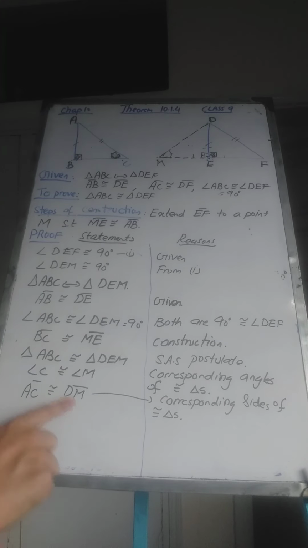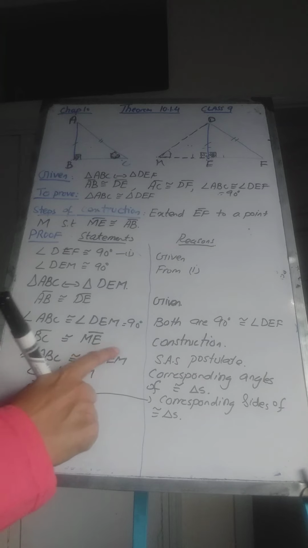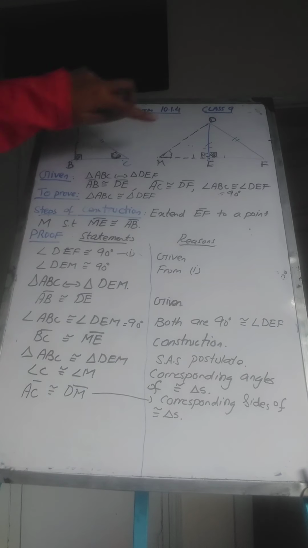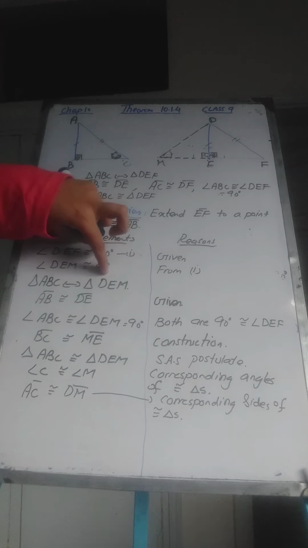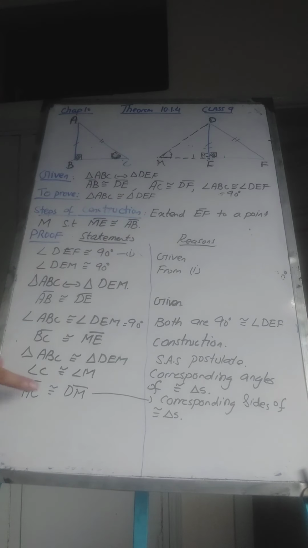AC is congruent to DM because corresponding to AC we had the side DM when we were taking the correspondence between these two triangles. So AC is congruent to DM.